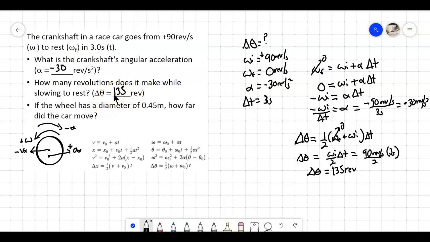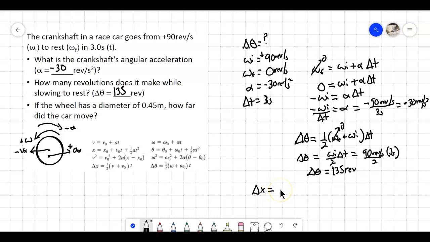All right. Well, now that we have everything in terms of revolutions, to get how far the car moved, just like in the last problem that we just did, to get what delta x is, which is what they're asking for, this guy is going to be rotating counterclockwise.